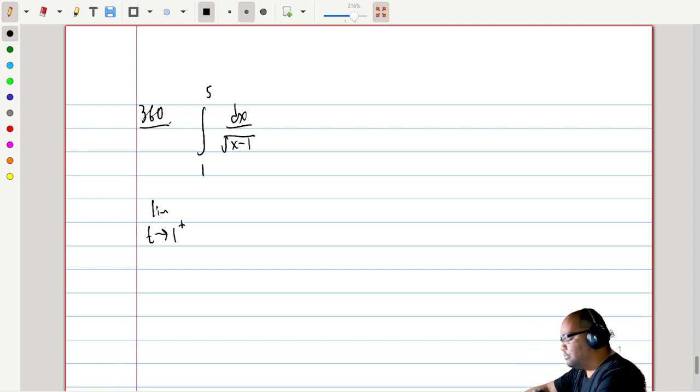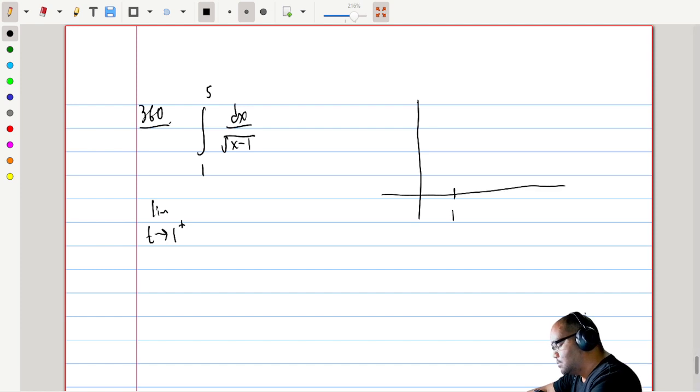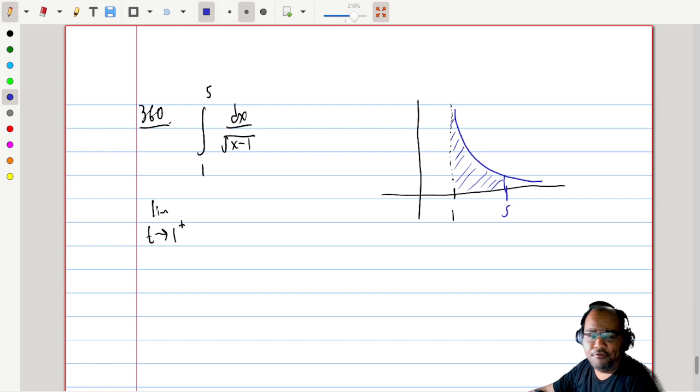Actually, I better go ahead and graph this. So there's my asymptote, and my function sort of looks like this. And I'm trying to see if this area is finite or not.